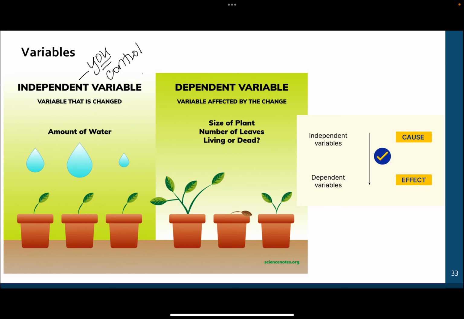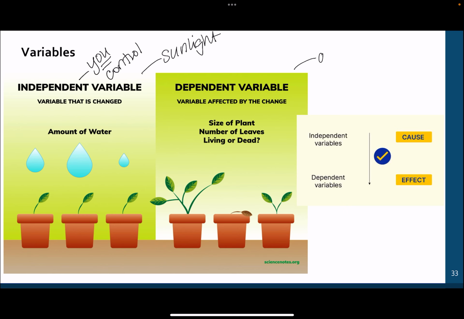So in that example, what causes leaves to fall, our dependent variable is going to be the amount of leaves that fall. In other words, your dependent variable is going to be the data that you collect. It is the factor that is affected by what you are changing.